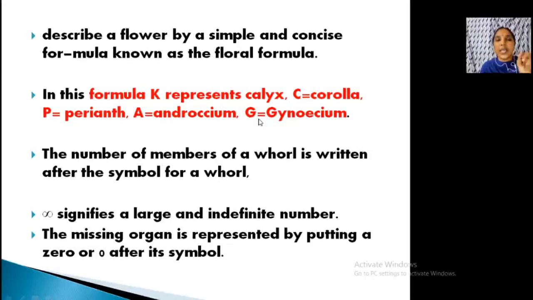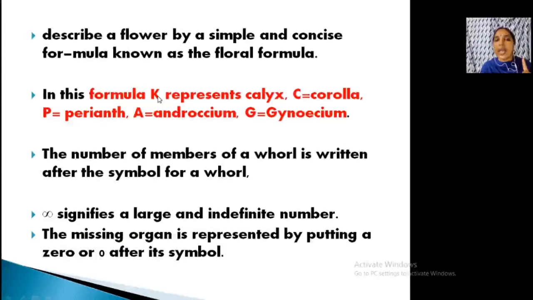So when you see K, that means calyx. When you see C, that means corolla. Now, the number of members of a whorl is written after the symbol. If calyx is the whorl, its members are sepals, so the number of members means the number of sepals.